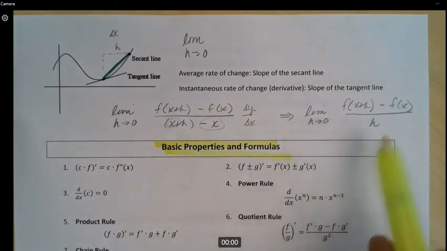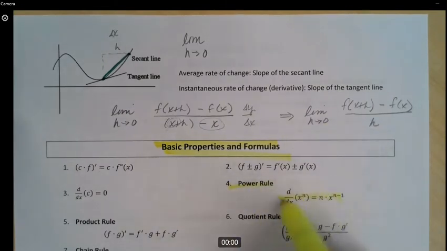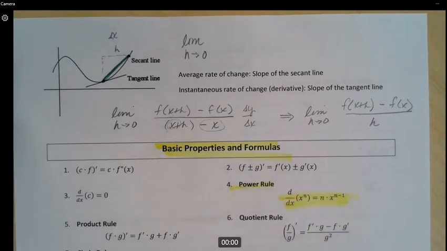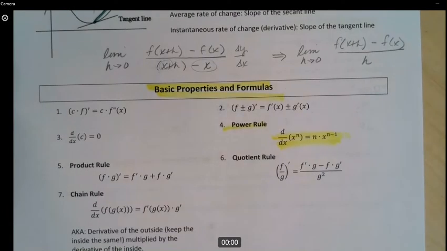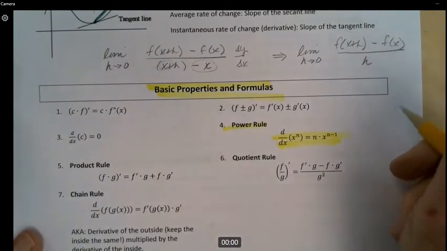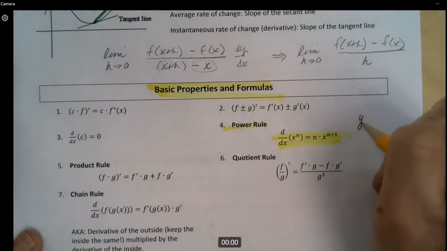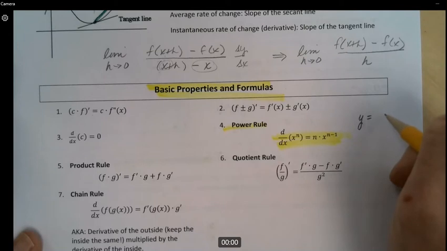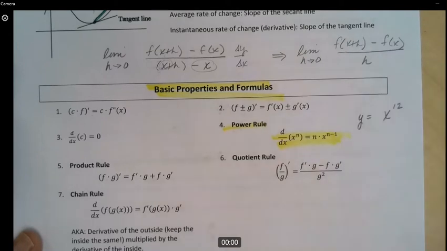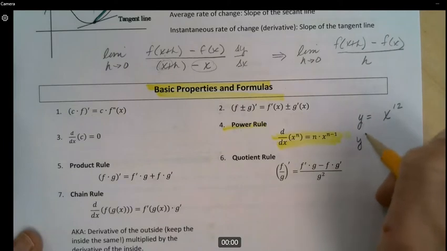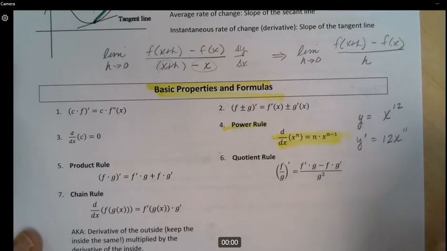And what this shows us here was our power rule. Anytime that you want to find the derivative of a value, you can go ahead and do the following thing and give yourself an example. If y is equal to, give yourself just something really simple, x to the 12th power, and tell yourself that the derivative is going to be 12x to the 11th.